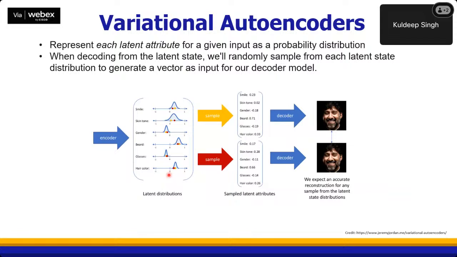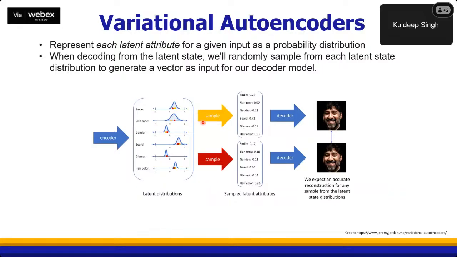Now, with the help of the variational autoencoder, in contrast to autoencoders, we can represent the latent attributes for a given input as a probability distribution, that you can see here. And once we have encoded this information in the latent space with the help of a probability distribution, while decoding this latent state, we can randomly sample the values of the latent variable or attribute from this distribution.